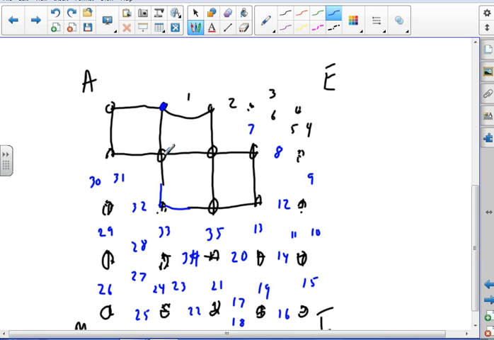You want to go that way: over, down, over, up, over, up, over. It's there.